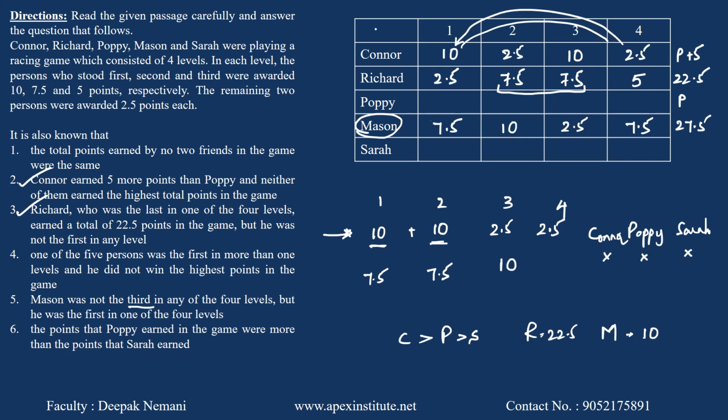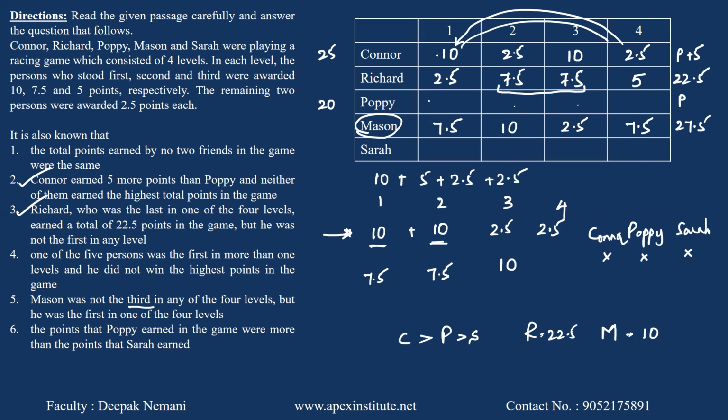So if this is 25, Poppy's score should be 20. So how can we have Poppy's score be 20? So you can have either 2.5 or 5 here, 2.5 or 5 here, 2.5 or 5 here, 10 and 2.5 here. So the only possibility of having 20 marks should be 10 plus 5 plus 2.5 plus 2.5.